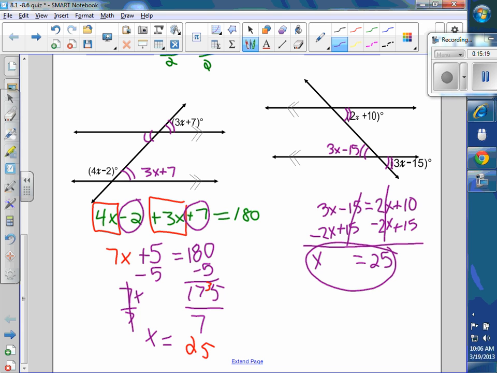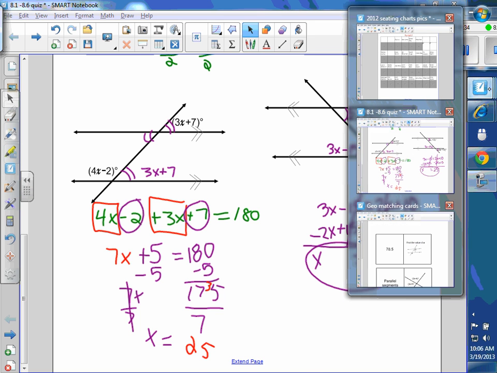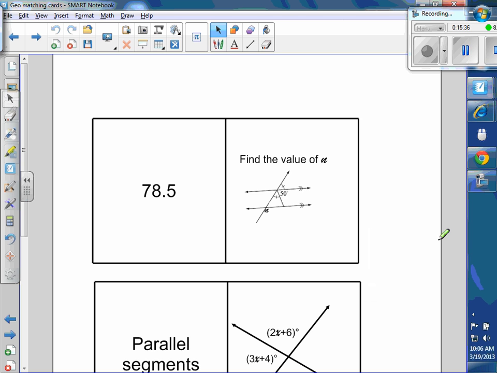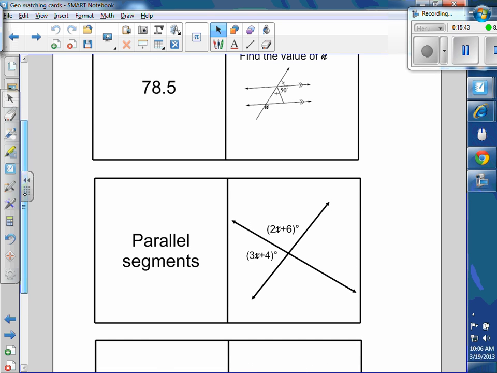Okay. So for the remaining class time, you're going to start an activity, but you're not going to finish it. Now there's some vocab you might not know in the activity. It's a matching activity, like the different matching cards that we've done. I'm just going to show you these cards. See them? There's a bunch of cards, and some of them are like what we were just talking about.